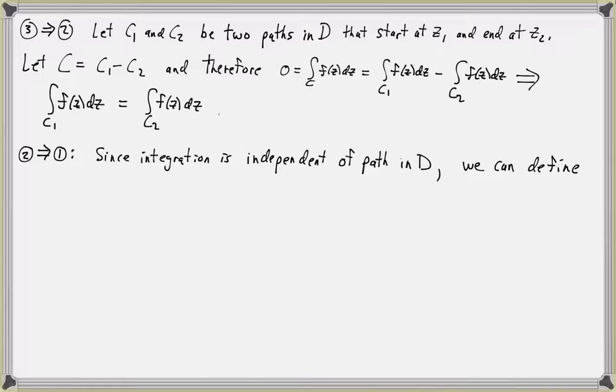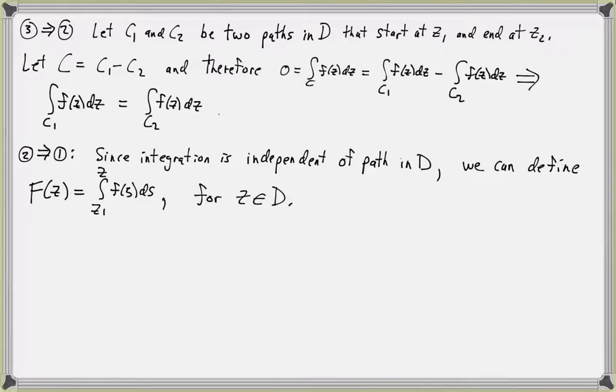So we can define capital F of z equal to the integral from z1 to z of f of s ds. So this function is well defined because if z1 is any point in D, then as long as we take a contour starting at z1 and ending at the point z, this integral will always have the same value. So this function is well defined for any value of z in D.